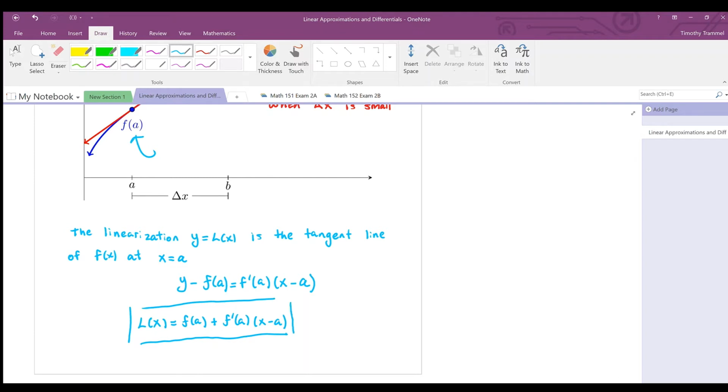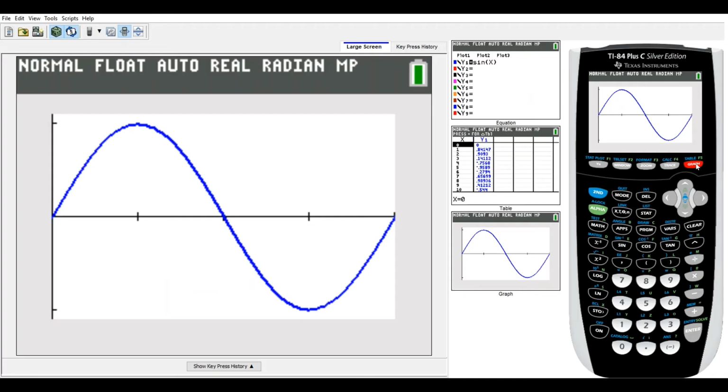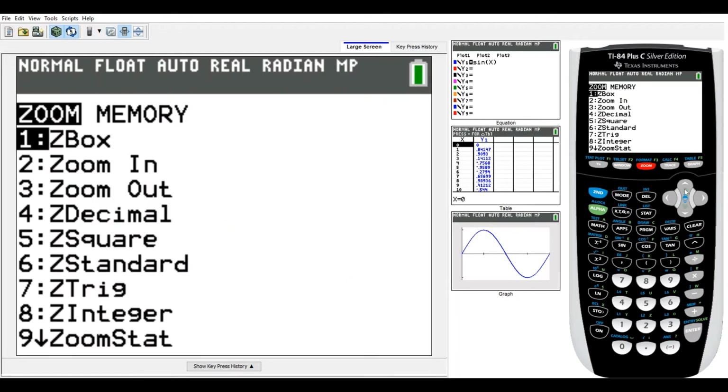The next thing I want us to do is take a peek at our graphing calculator and see why this technique works so well. Now that we're looking at our TI-84 Plus, what I want us to do is graph y equals sine of x. This is a really curvy function, and that's specifically why I chose it here. Go ahead and hit zoom, and let's zoom in.